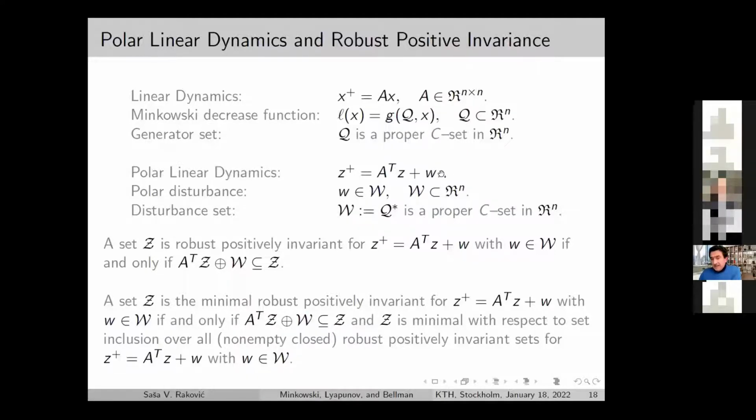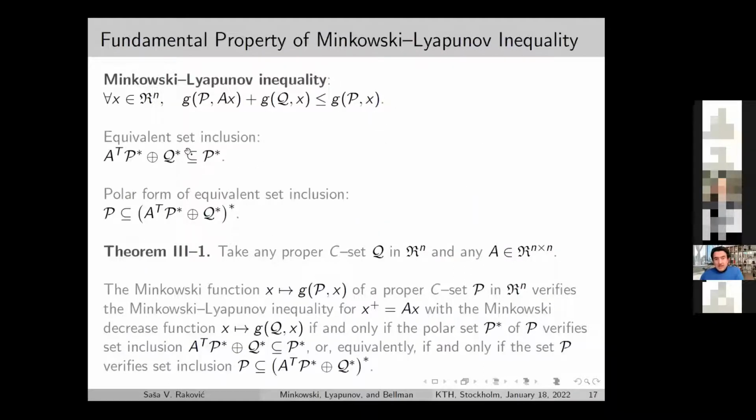We're going to add it as a disturbance W, and W is going to be the polar of the set Q. Now, if you look at these dynamics, which are essentially polar uncertain dynamics, and recall the notion of robust positive invariance, a set Z is robust positively invariant for these dynamics with respect to this disturbance set if and only if A transpose Z plus W is a subset of or equal to Z. Now, if you keep in mind this inclusion and the previous one, you recognize it is the same object. It is the same form.